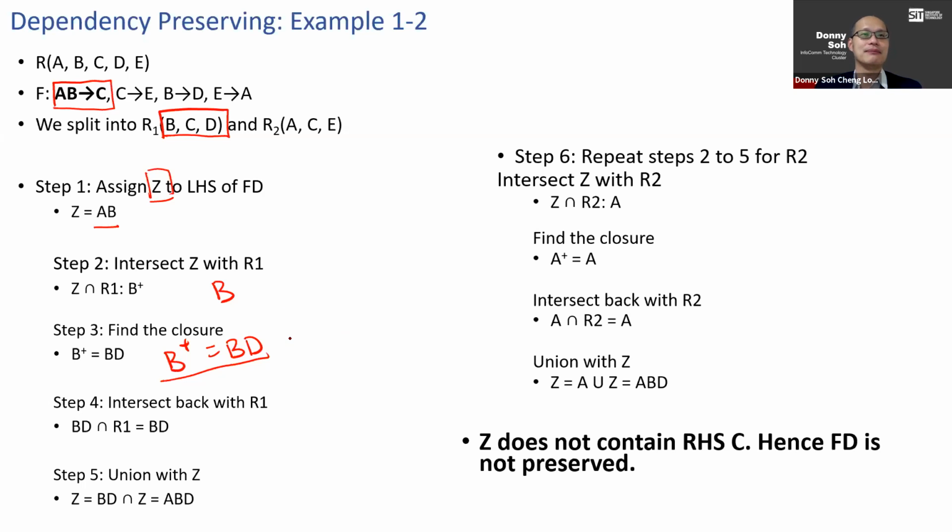So this step is just finding, for the left side of my FD that is in my R1, what its closure is. The next step is I intersect the closure with R1, and this gives me BD.